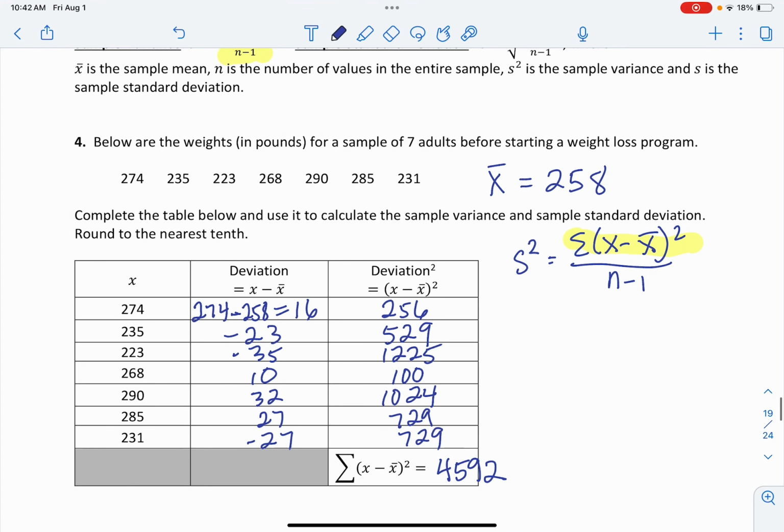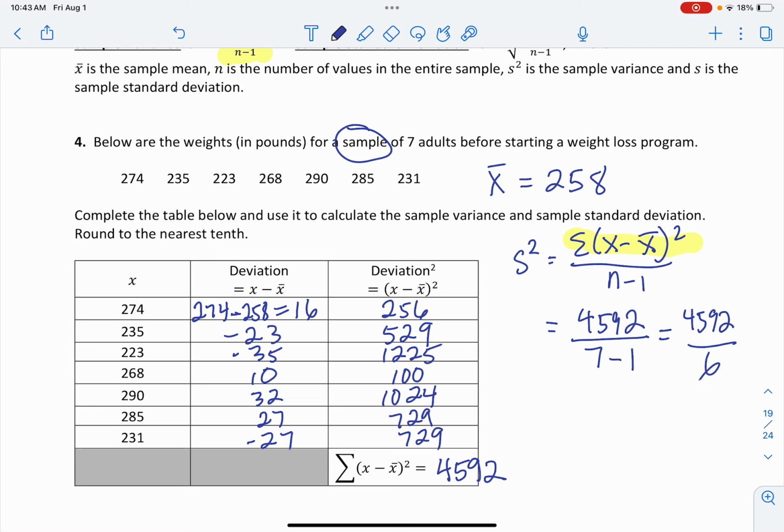So I'm going to replace that whole top thing with the 4,592. The n is how many data values there are, which is 7. But then here I have to subtract 1 because it's a sample. If this were a population, you would just leave it 7. So that's the one little tiny thing about sample.